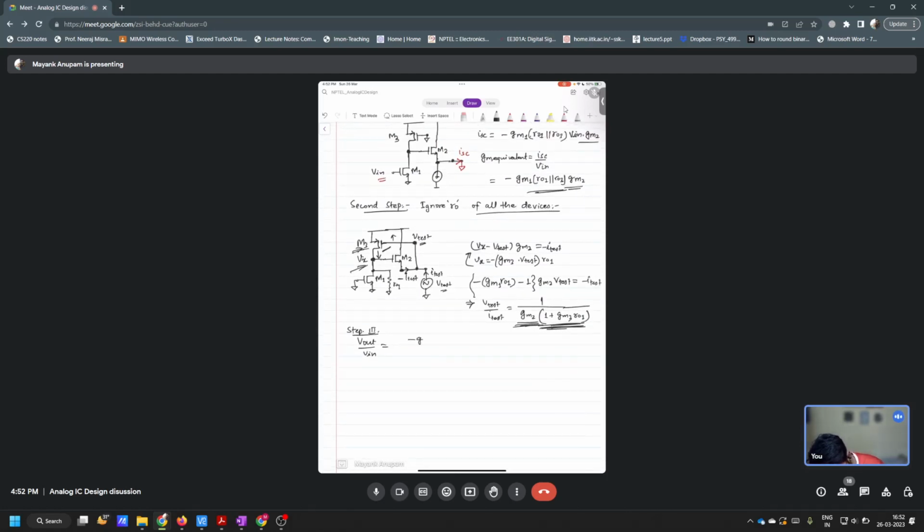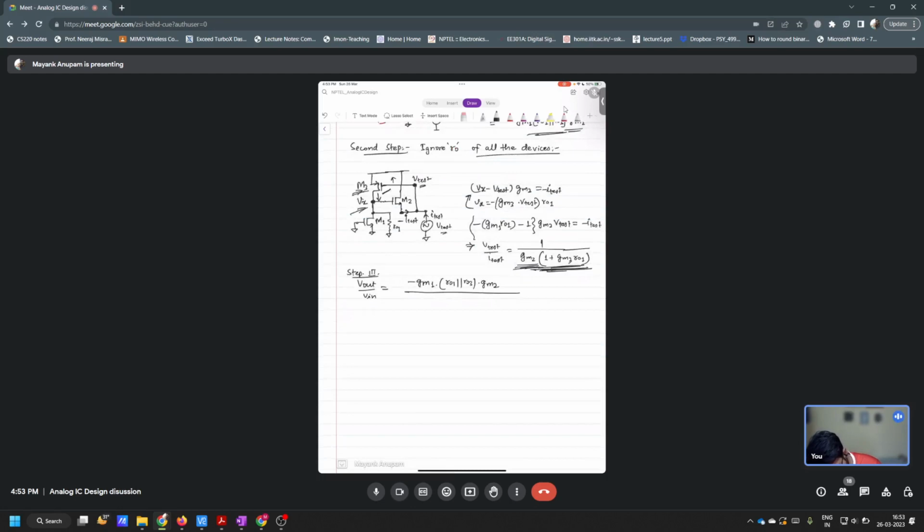So this is minus Gm1 times (Ro1 parallel Ro3) into Gm2, divided by this gain, this R out. So R out will be Gm2 into (1 plus Gm3 times Ro1 parallel Ro3), isn't it?